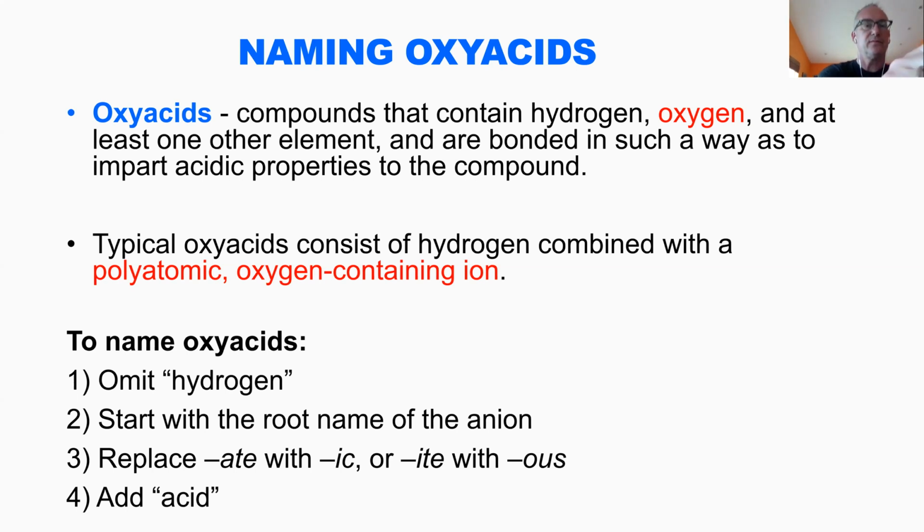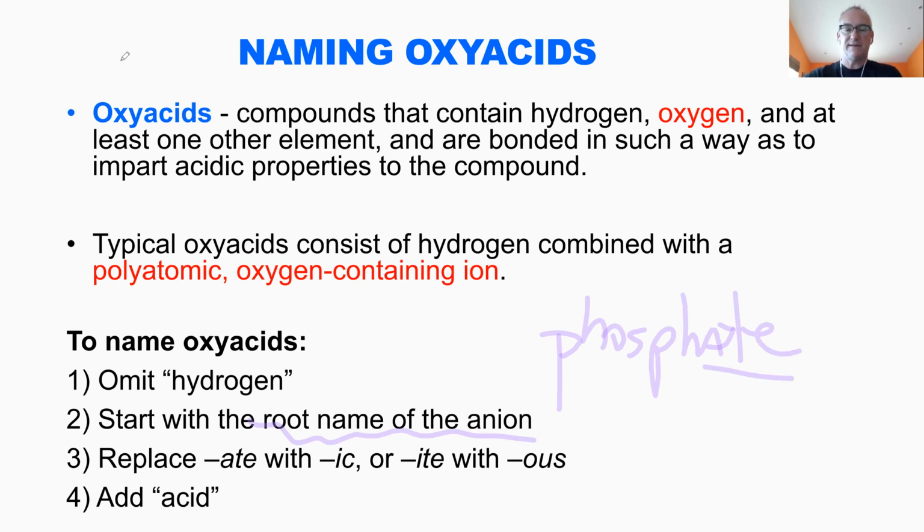And we start with the root name of whatever polyatomic ion it is. Now, if it's something like phosphate, we replace the ate with ic. And so we would have phosphoric acid.